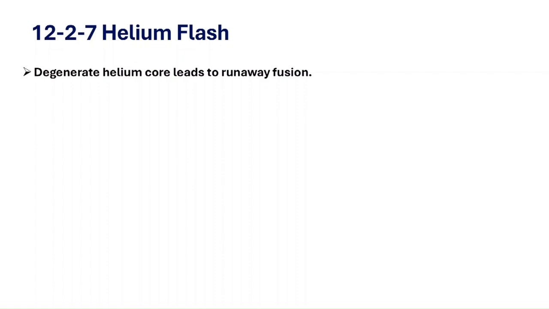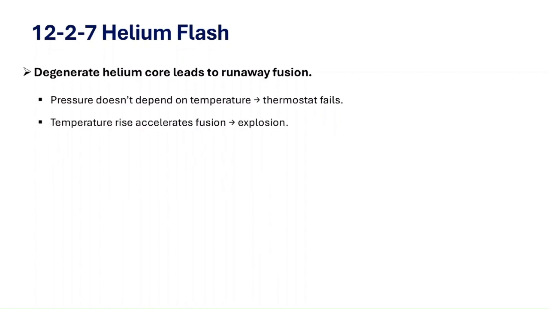But in a degenerate core, this thermostat fails. So when helium finally ignites, the rise in temperature accelerates the fusion reactions, causing a runaway explosion inside the core. And it's like trying to turn on a heater with no thermostat. The temperature just keeps rising uncontrollably.